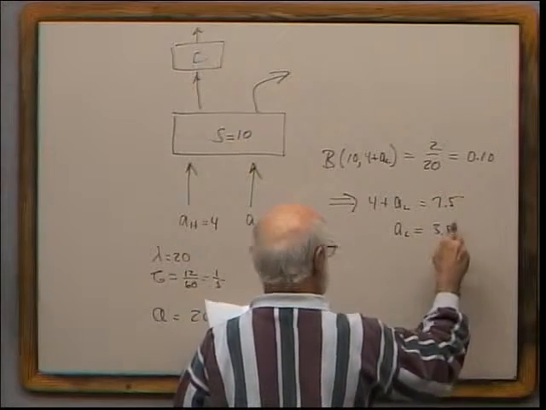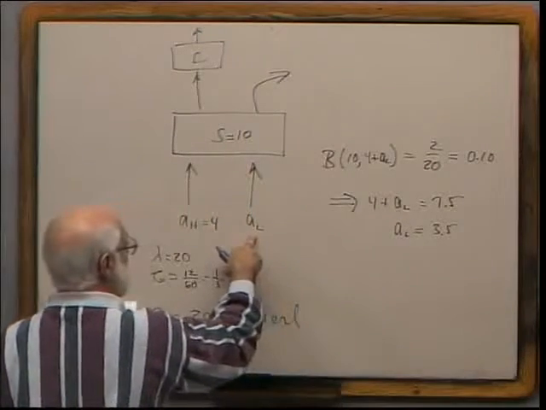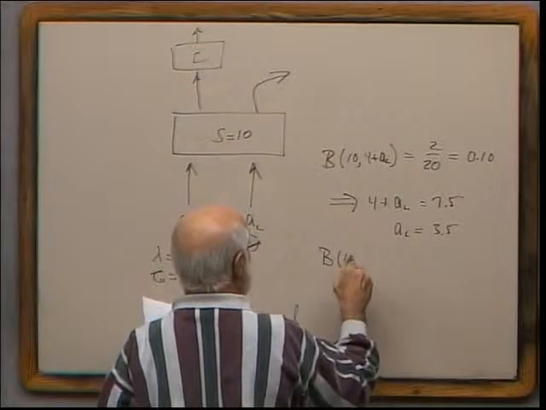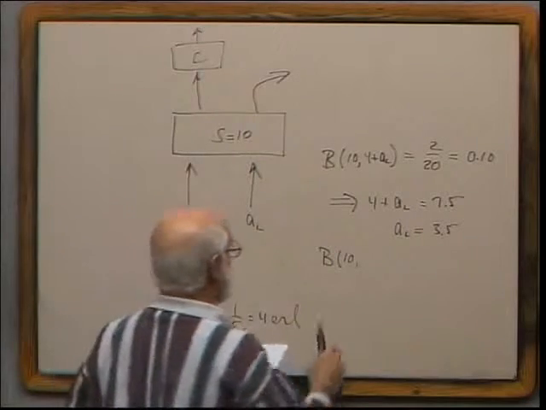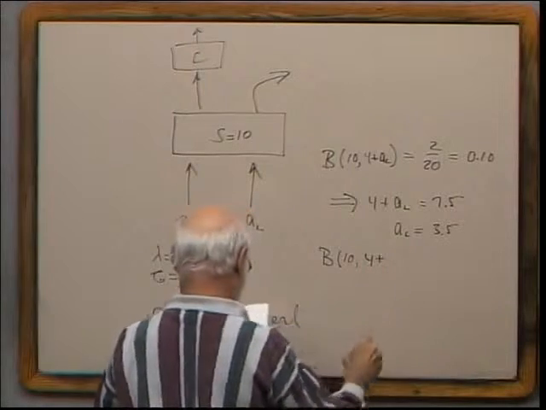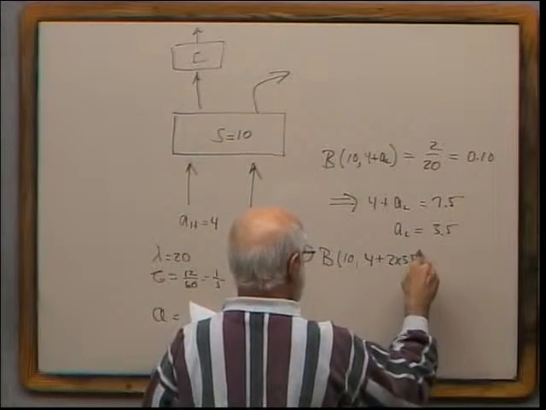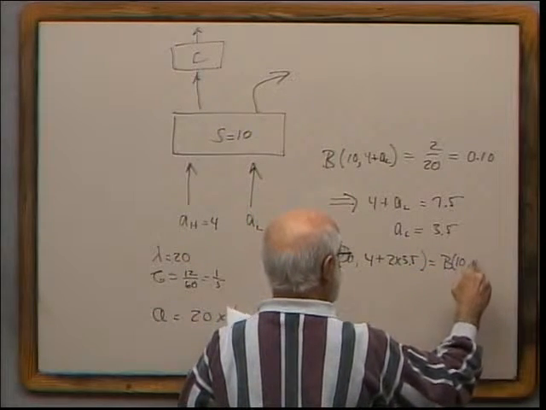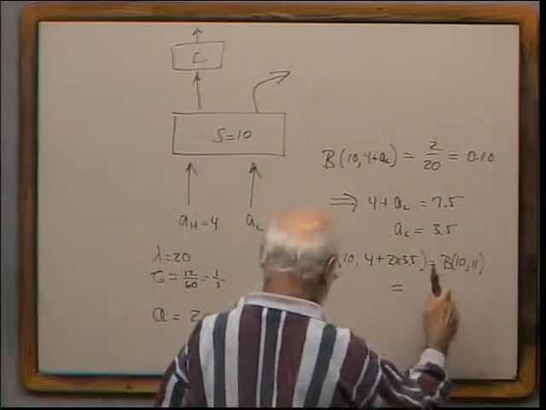So therefore, if the offered load here is going to double, then the probability of blocking for the high priority traffic, which will also be the probability of blocking for the low priority traffic, will be what I would get if to 10 servers I offered 4 plus 2 times 3.5, or in other words, 11 Erlangs. And now if you just calculate the Erlang B for 11 Erlangs offered to 10 servers, it turns out to be 0.26.